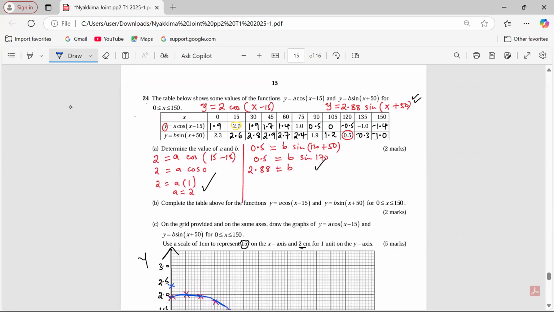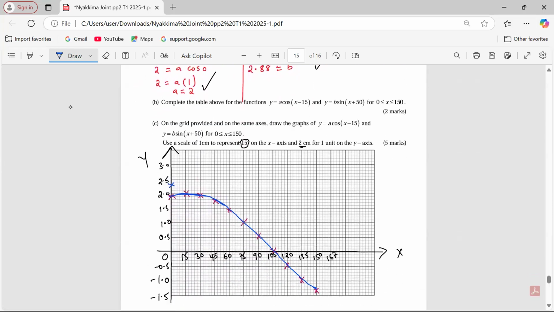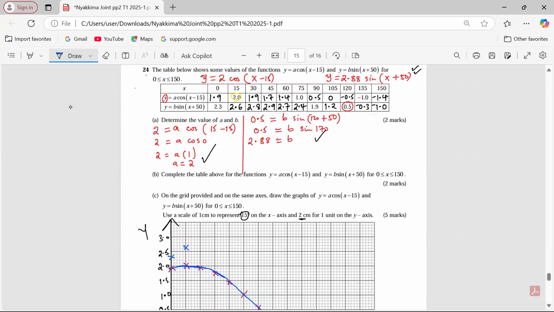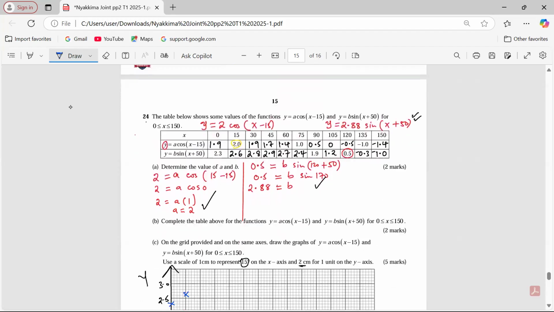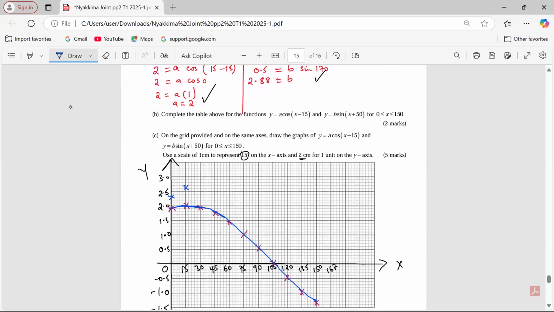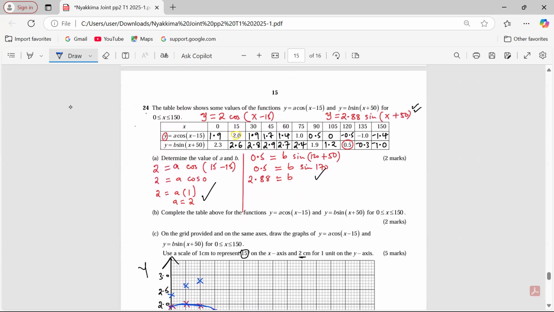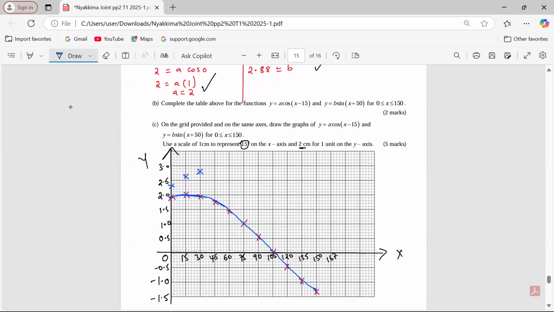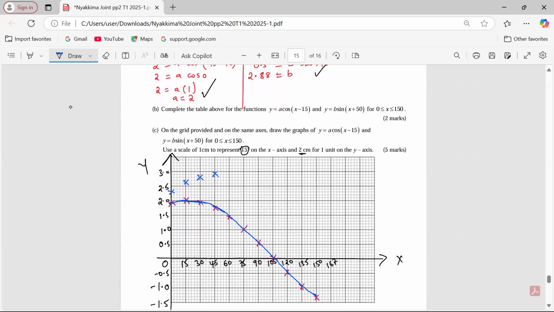Then at 15, 2.6, slightly above 2.5. Then at 30, we are talking about 2.8, which is below 3. Then at 45, 2.9, slightly below 3.